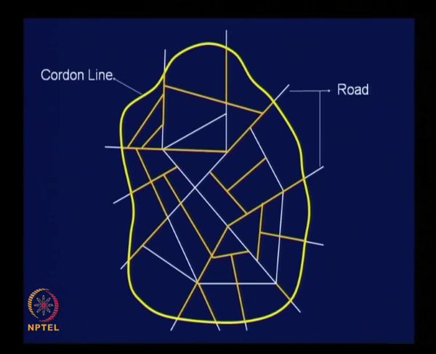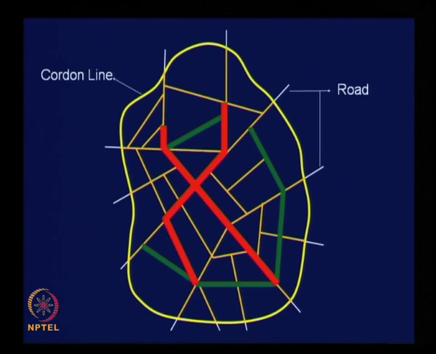Let us say some links are loaded to this extent, some with relatively lesser volume of traffic, and another set of links may be loaded heavily, shown in green color, and some more sets might be very heavily loaded like this. This is the kind of scenario you will get after completion of the exercise for the horizon year condition. You can get this scenario by adopting the all-or-nothing assignment technique without putting any constraint on capacity; only then will you be able to get this scenario, the total volume along shortest paths.